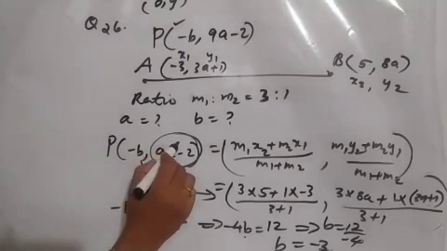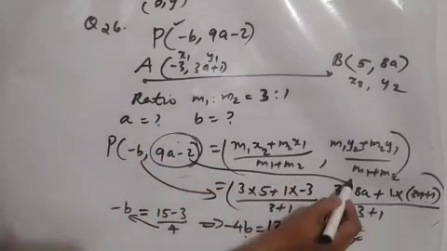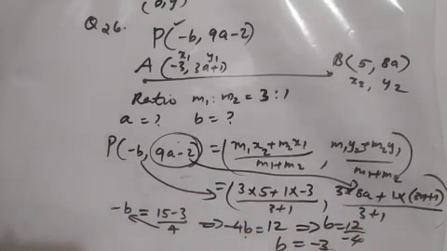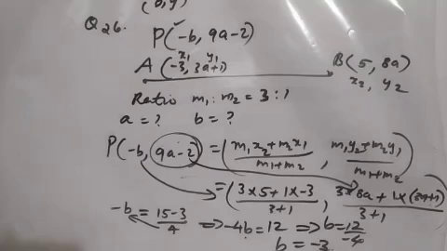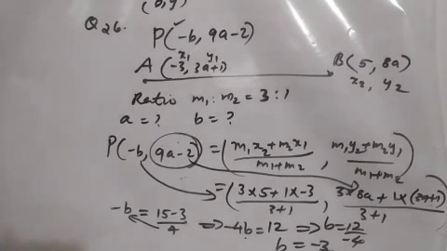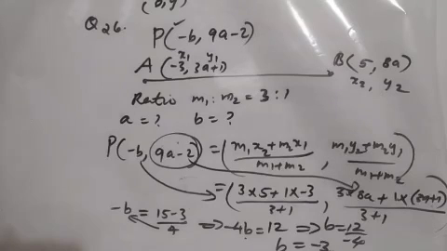Similarly, we can equate this y value, 3 into 8a plus 1 into 3a plus 1 divided by 3 plus 1, so that we can obtain the a value also.